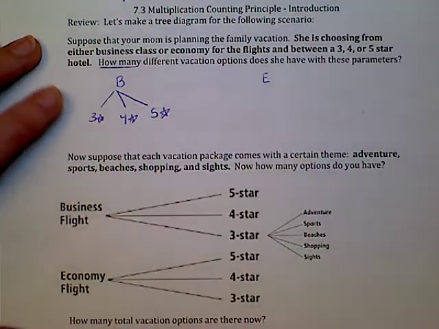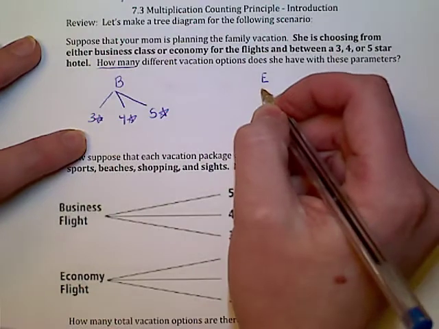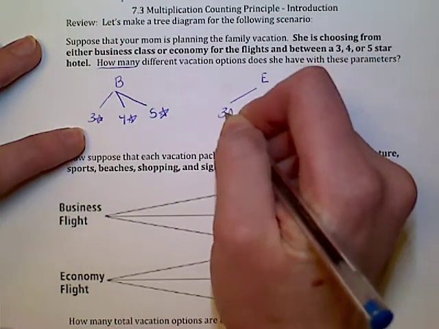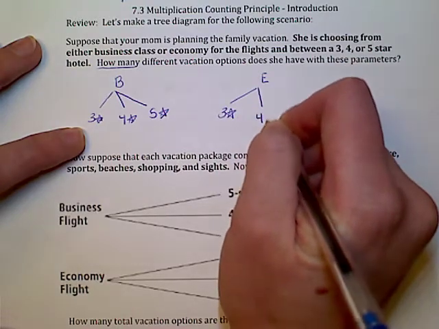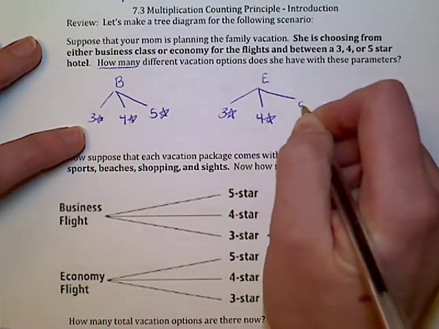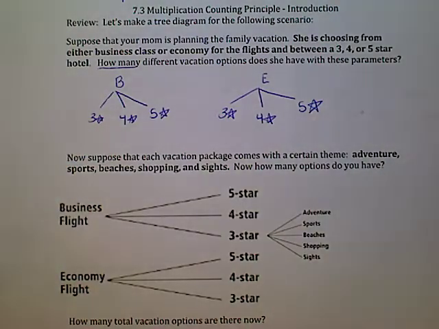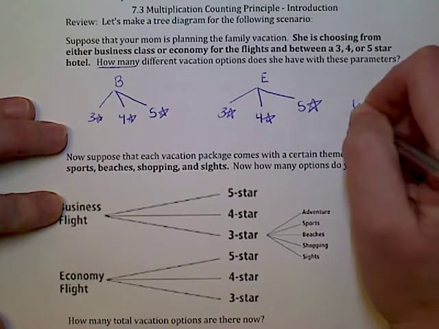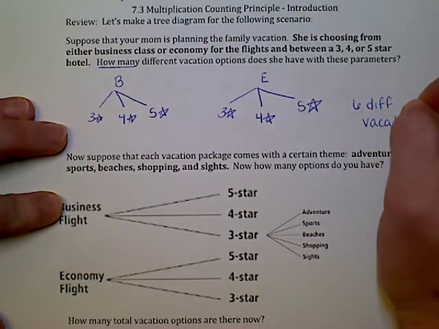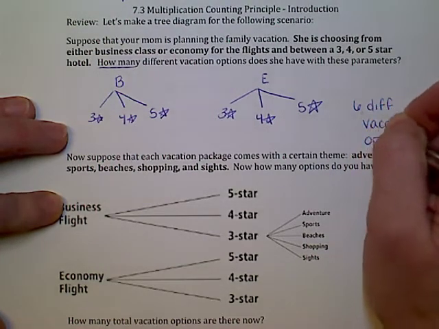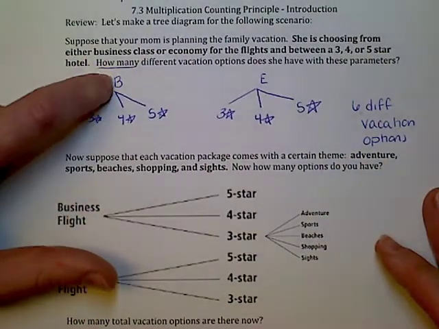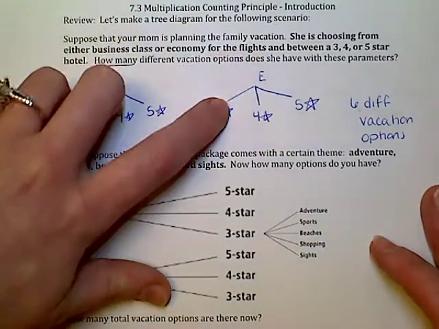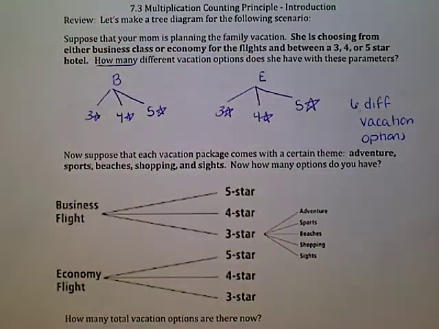Those are our hotel options. If I go economy for the flight, I still have a choice of 3-star, 4-star, or 5-star for the hotel, giving you 6 different vacation options. You could do business class 3-star, business class 4-star, business class 5-star, economy 3-star, economy 4-star, economy 5-star.